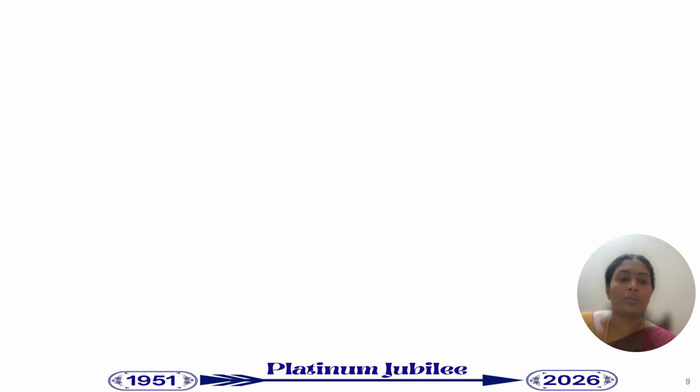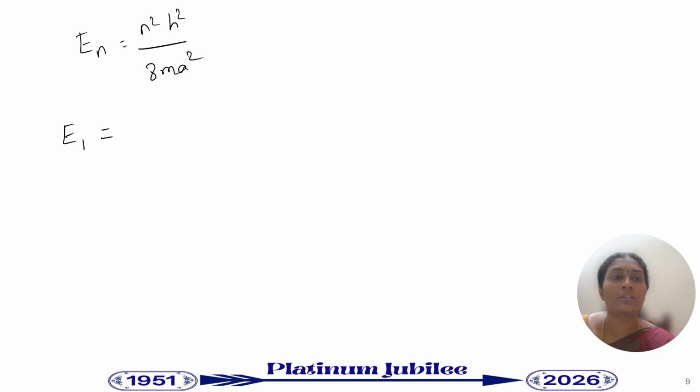Now let's calculate the energy difference between the consecutive energy states. We know that En is n square h square by 8m a square. The ground state energy E1, for n is equal to 1, is h square by 8m a square.